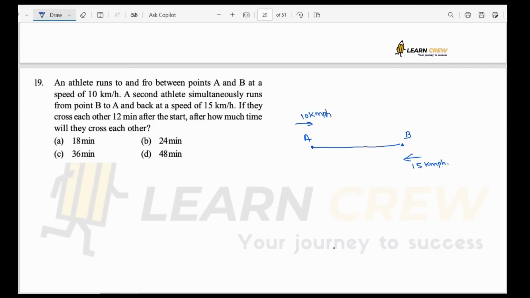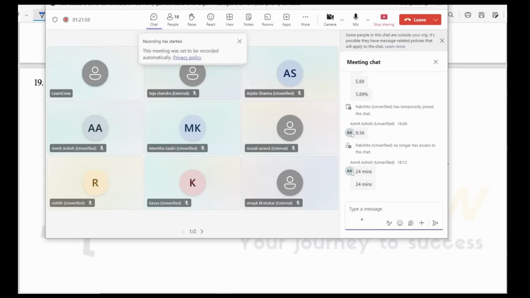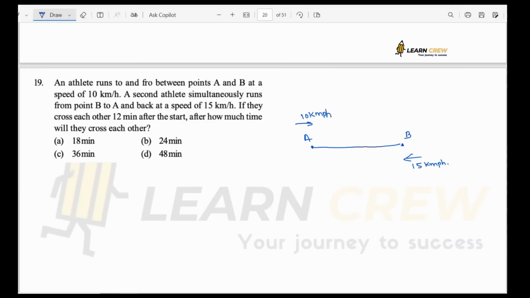What is the answer? Anyone in the online is able to reply or not? 24 minutes. Tell me how 24? Hello, sir. Am I audible? Yes. Reply. How 24? Dhruva, tell me what is the answer? 24. Why?